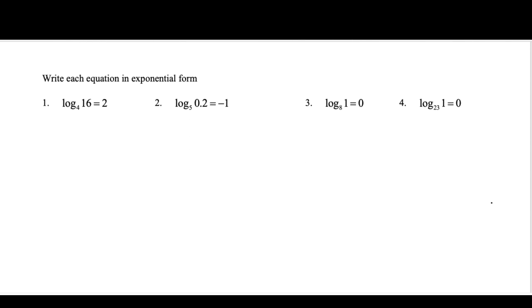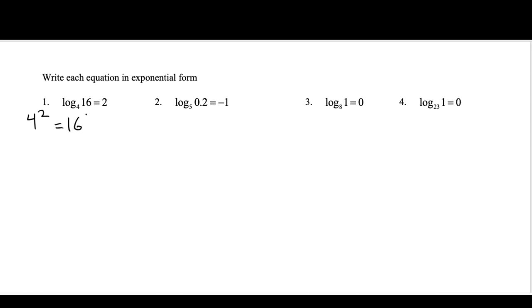In this case, we want to write each equation in exponential form. This first one, log base 4 of 16 equals 2. Remember that 4 is the base, 2 is the exponent, and 16 is the argument. So in exponential form it would be 4 raised to the power of 2 equals 16.